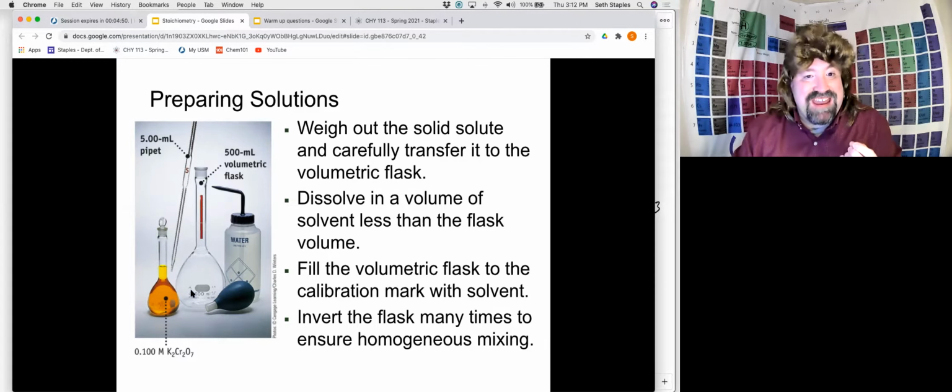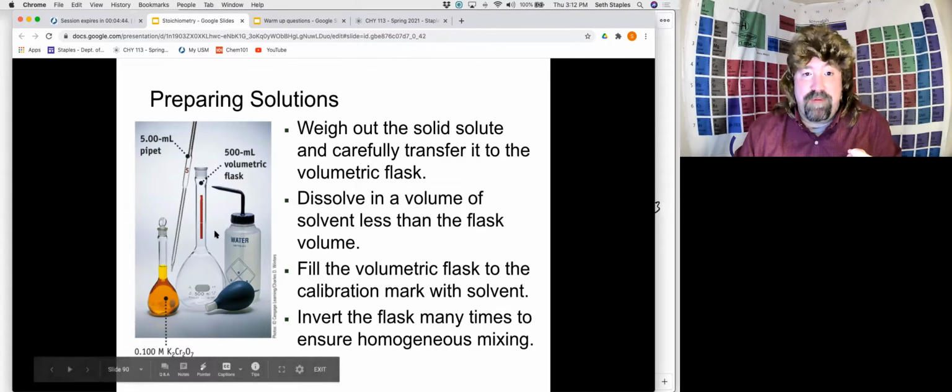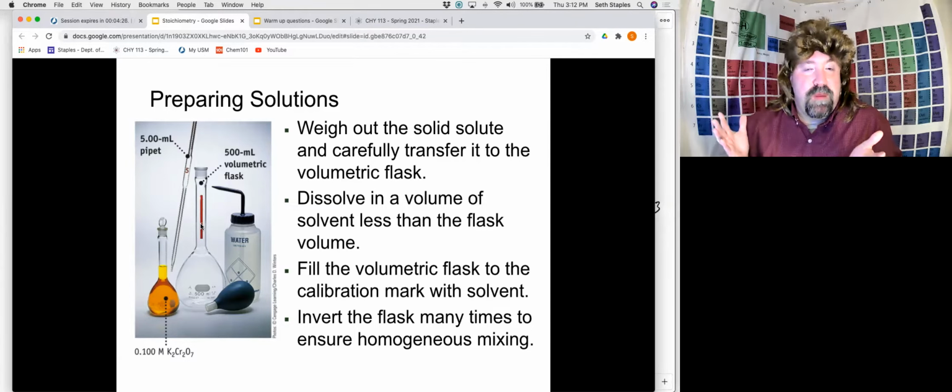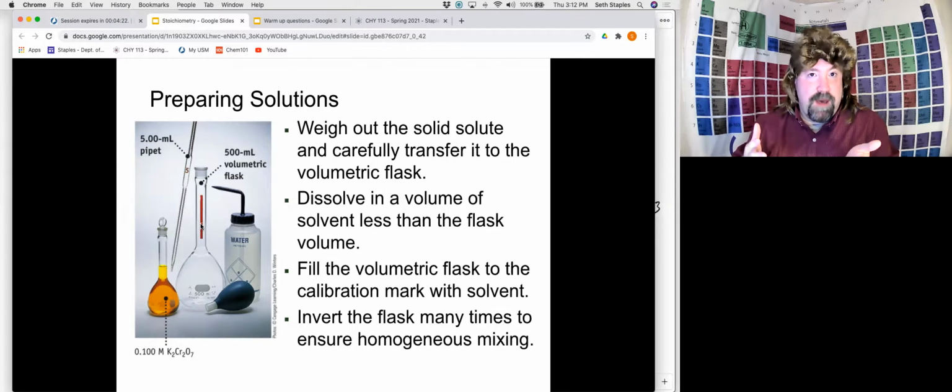That's why I need to add in the solid before I get to my full volume. Once I get to that full volume, it contains both the solute and the solvent. I would not simply add my solute and then add 500 milliliters of water, because that might be too much, since that hasn't taken into account the volume that the solid is going to take up.